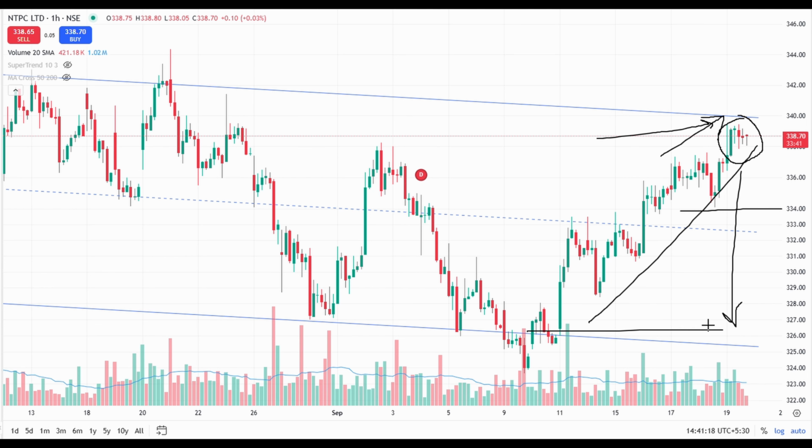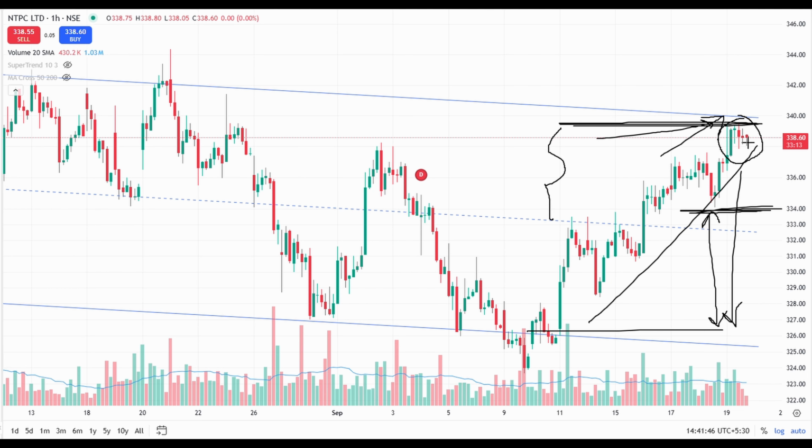Since my entry was here, I am booking one half of my quantity here, and for the other half, if price comes way back down, both my halves are in profit. One is slightly greater than the other one. That way, though I will lose a small portion of the profit.